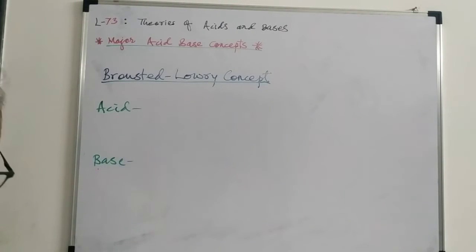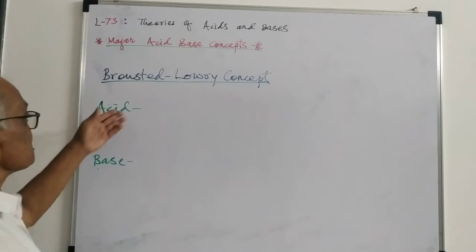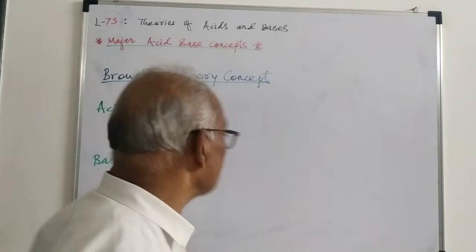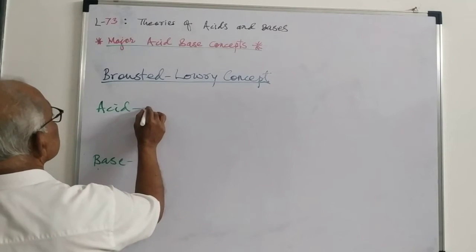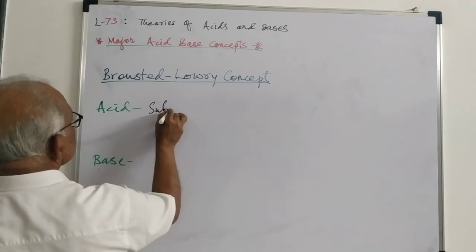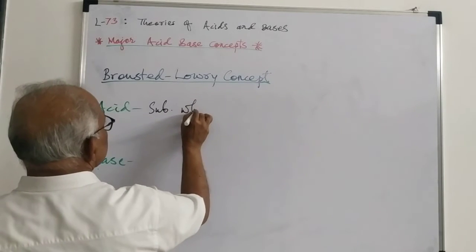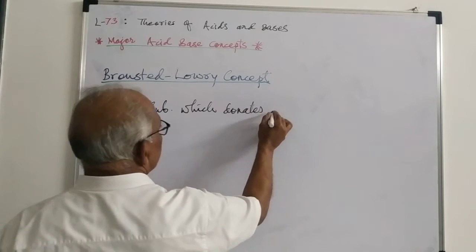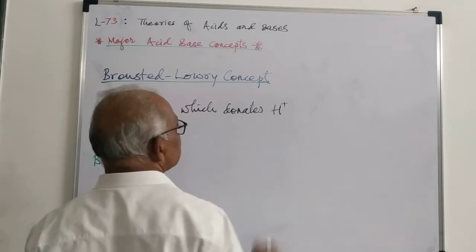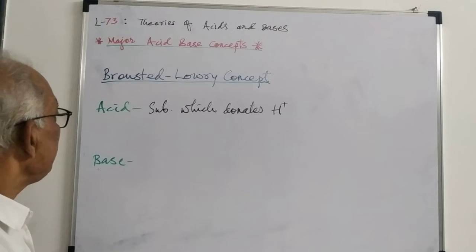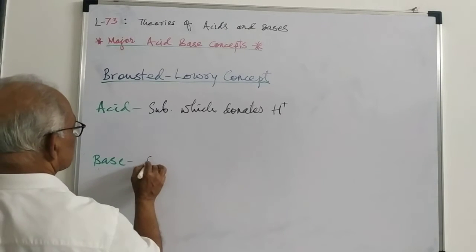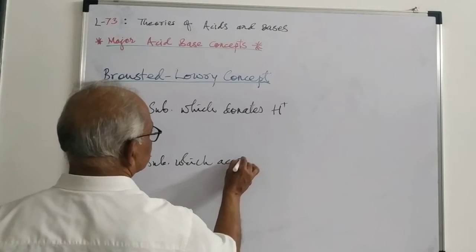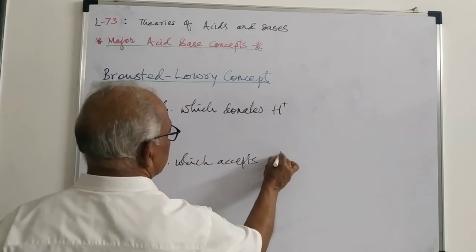According to this concept, an acid is a substance which has the tendency to release or donate a proton. Acid is a substance which donates H plus, that is a proton, and a base is a substance which accepts H plus ion.